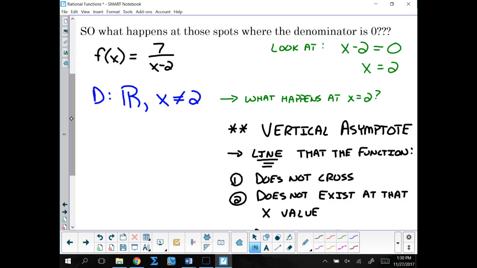What would my vertical asymptote be? 2 is a number, not a line. X equals 2 is the vertical line associated with it.